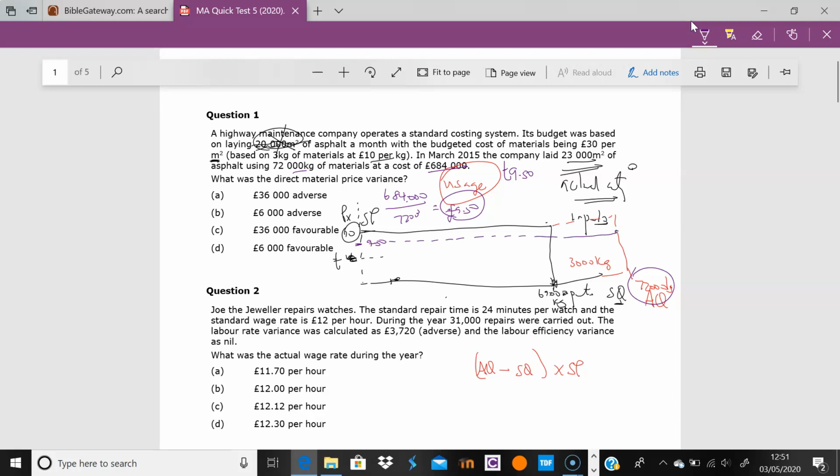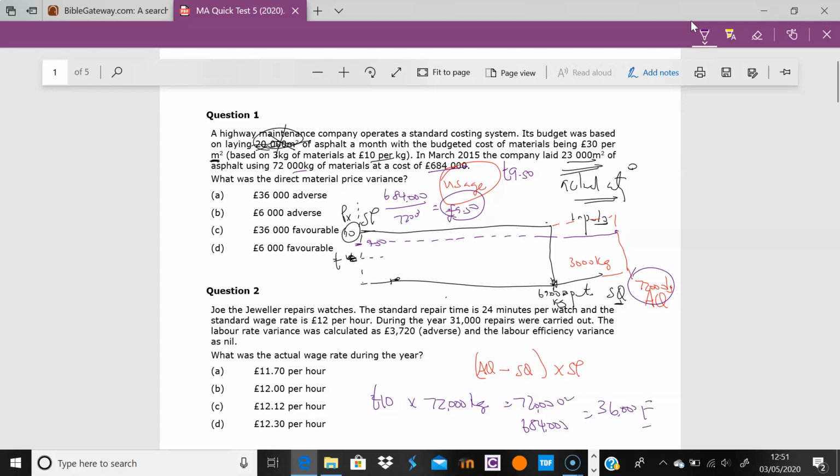So I could have said I should have spent £10 times 72,000 kilograms. That's my standard, what I should have spent, because that's the standard price times the actual quantity. I can compare that, 720,000, straight with what I actually spent, which was 684,000, which gives me the £36,000 favorable amount I'm looking for.